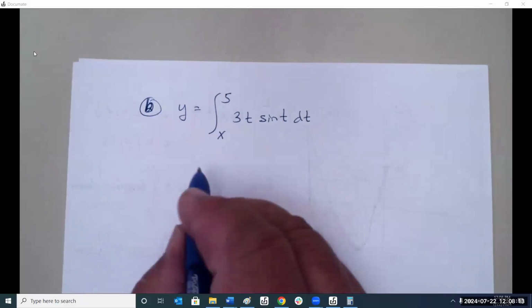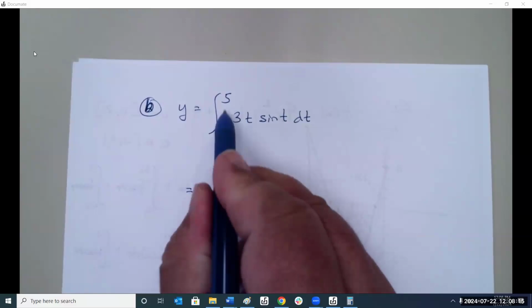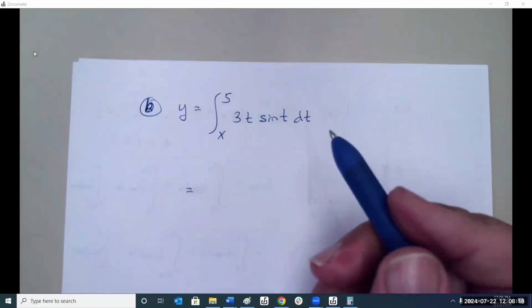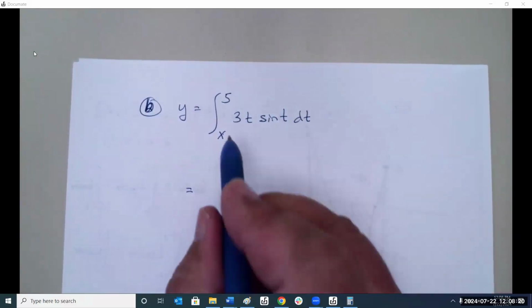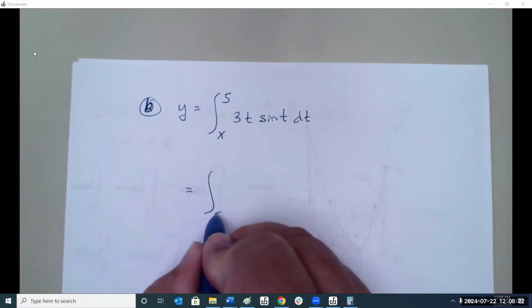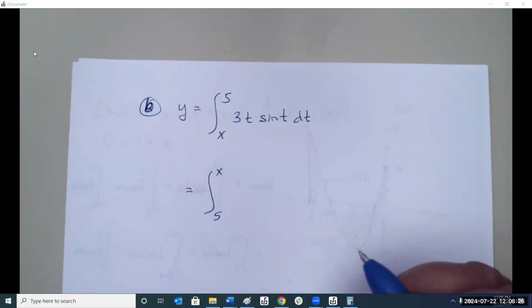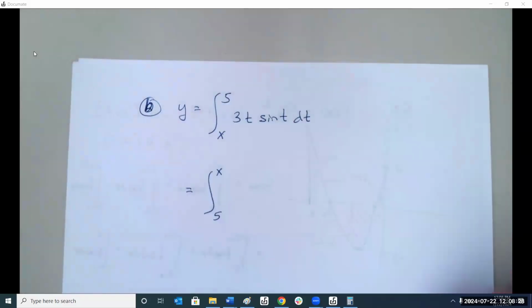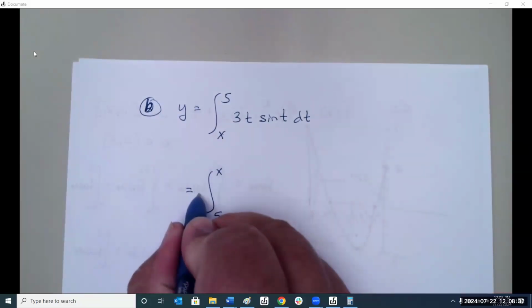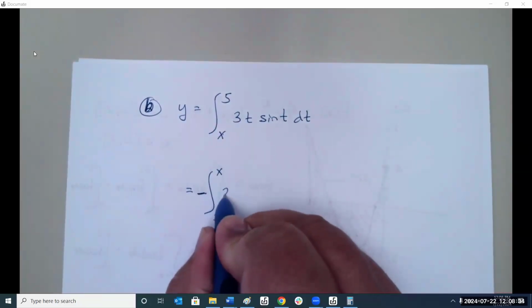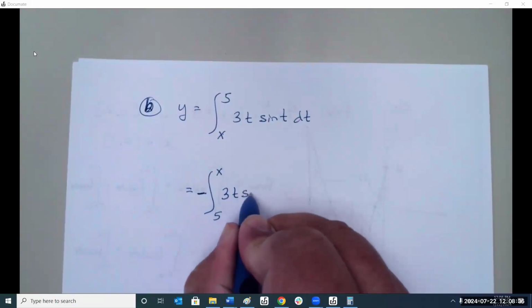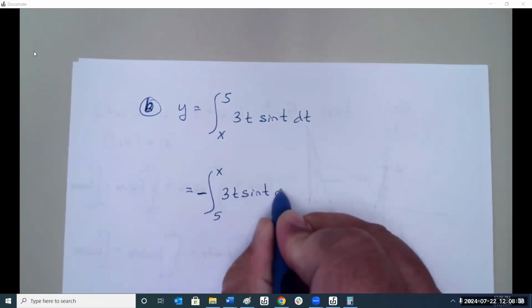Very good. These are in the wrong order. Kind of find Waldo. What's wrong with this picture? Okay, so if I change this to 5 to x, what else do I have to do? Whenever you change the bounds of integration, what does that do? It becomes a negative. Because look at the theorem.